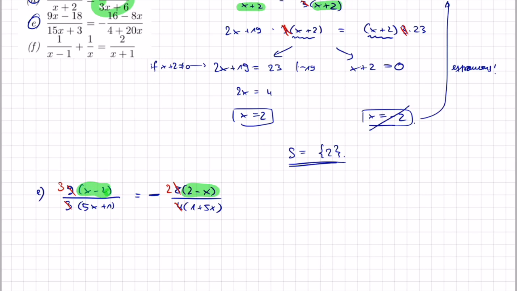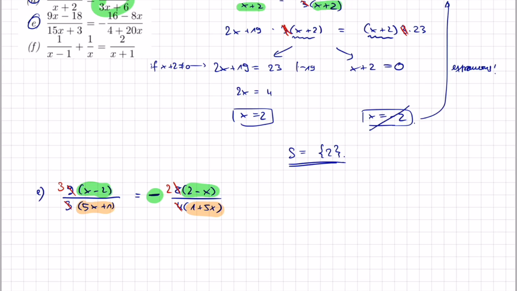This is almost the same as x minus 2, except for the order of the operands. But this is actually what this minus sign is all about. And down here, 5x plus 1 is the same as 1 plus 5x.